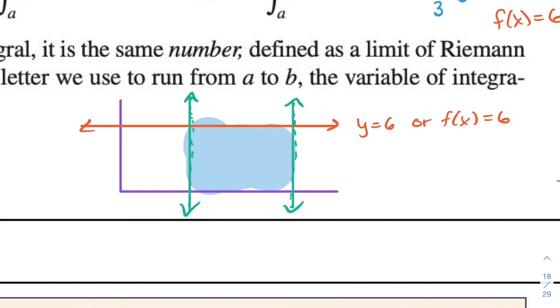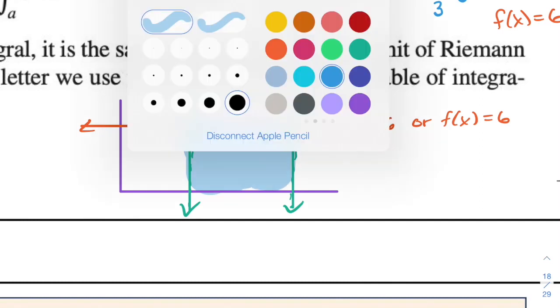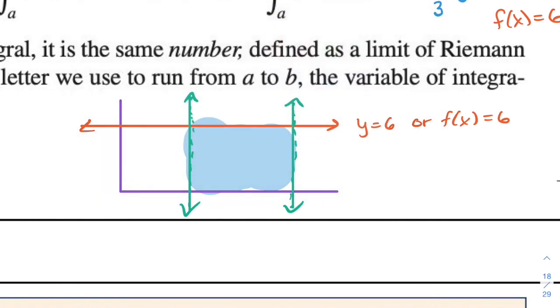We're trying to find how much area there is. Well, using geometry, you're going to say, Mr. A, that is between 3 and 7, and between 0 and 6. So it is a rectangle that is 6 units high by 4 units wide.